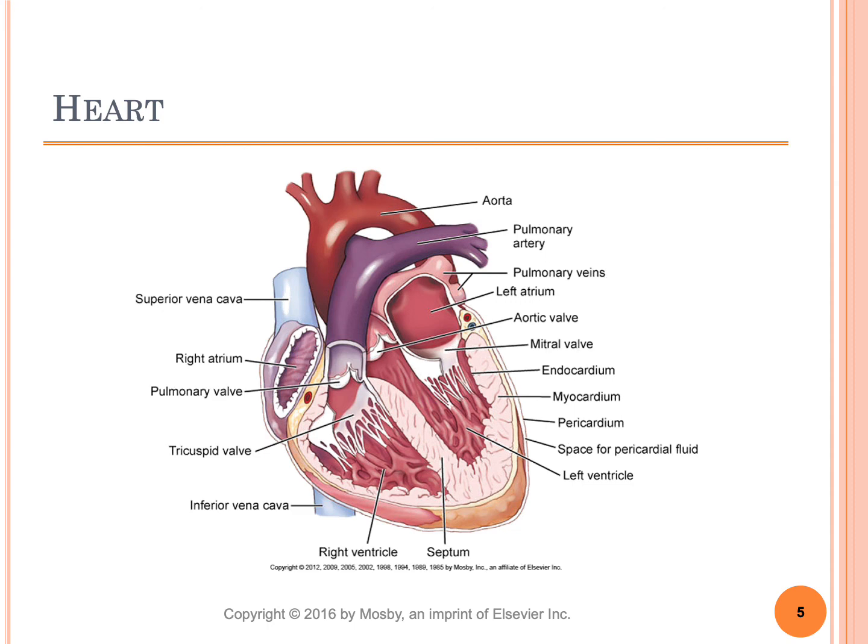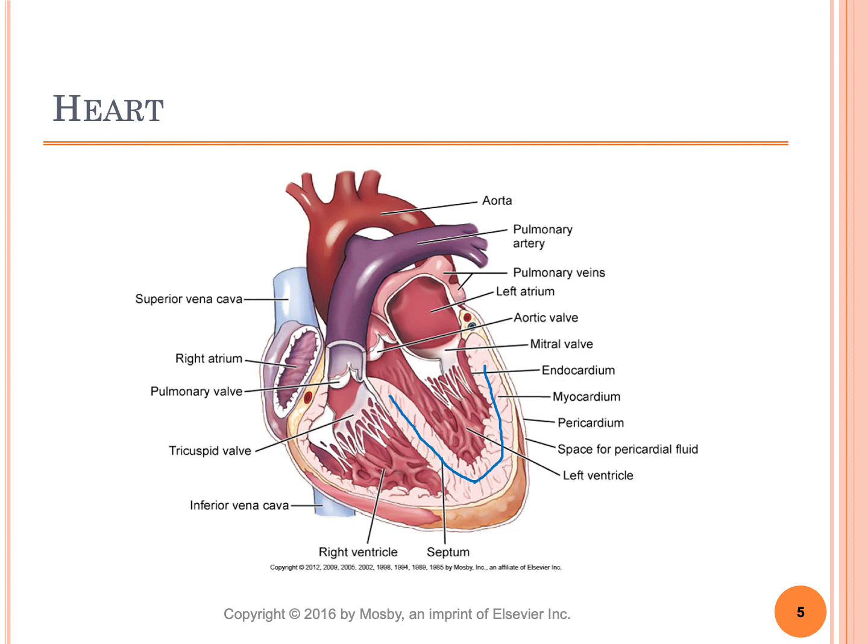Now you'll notice that the walls of the heart along these bottom chambers, especially the one of the left ventricle, have a super thick muscular layer. The reason is that the left ventricle of the heart is responsible for pumping blood out to the entire body, whereas the right ventricle is responsible for pumping it to the lungs.